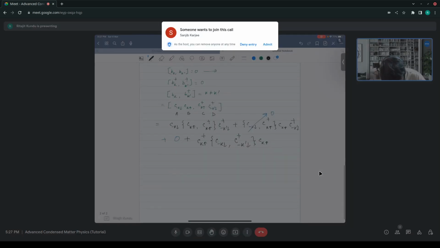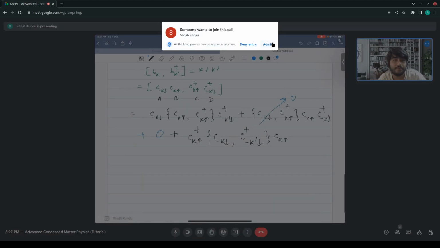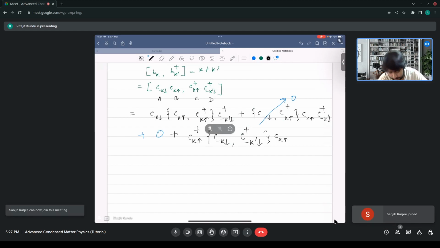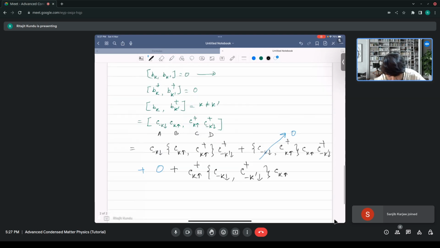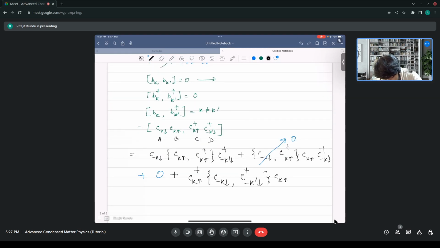So these are all the possible terms that I can have. Now, previously I said let's relax this assumption. Let's try to do it for the general case, it doesn't seem that complicated.